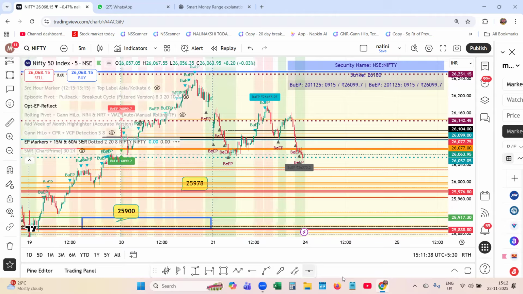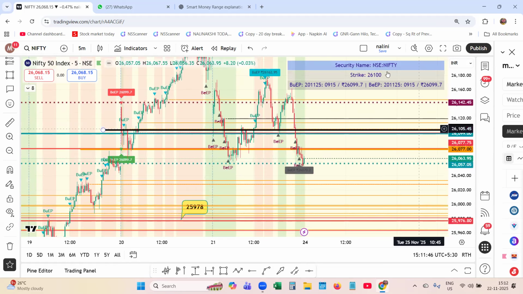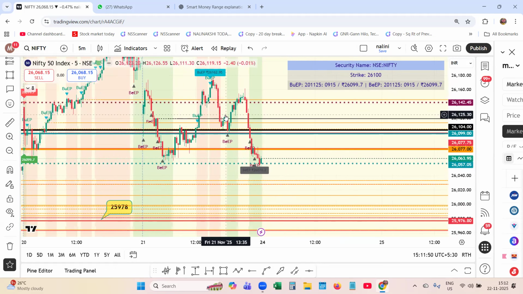If I enable it, it will give all the lines. What is the difference between this indicator and this indicator is, this will give you major levels, these will give you minute microstructure, micro levels at the market.